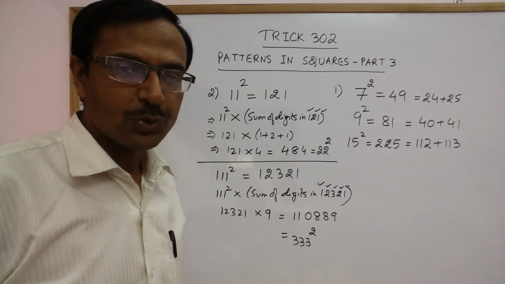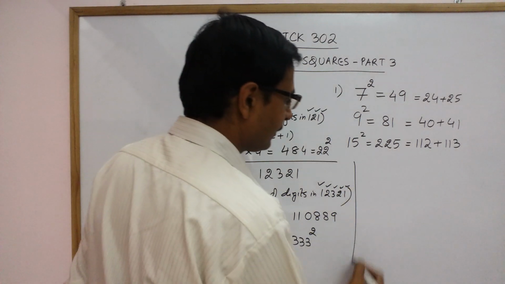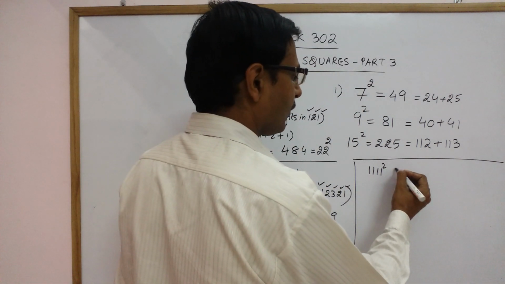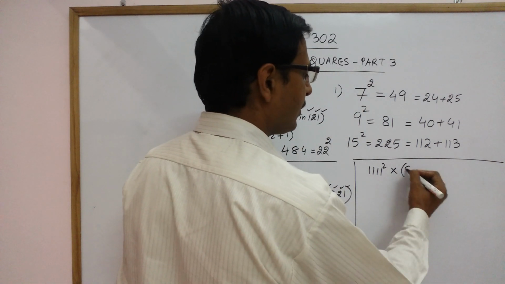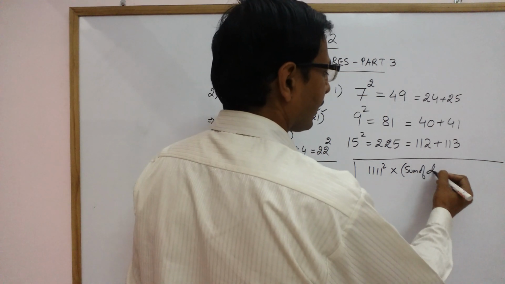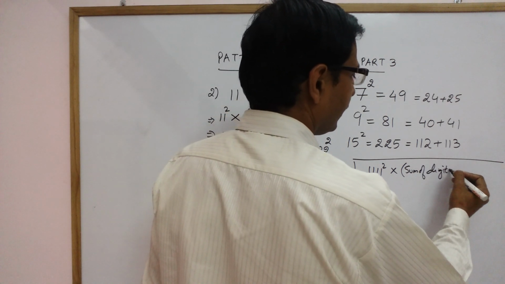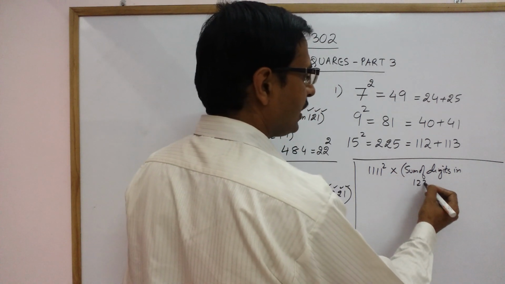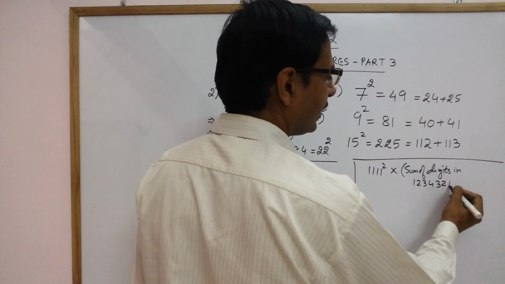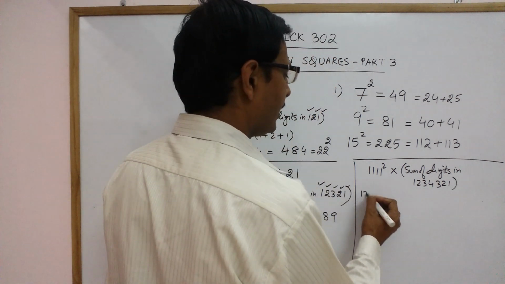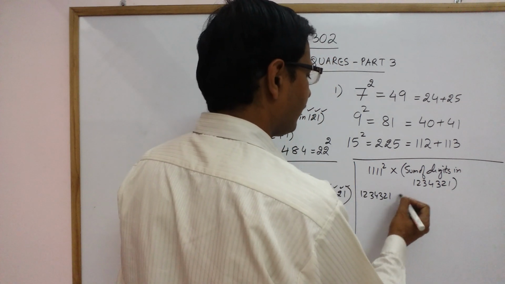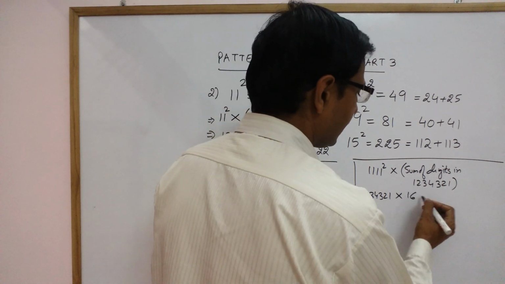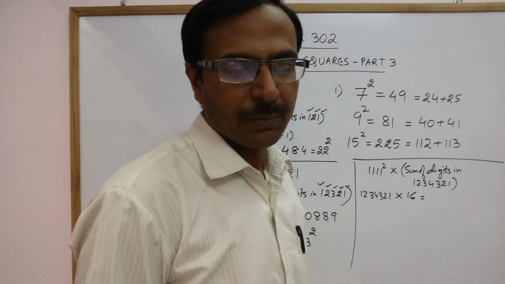And if you want to check one more, we can do that. Take 1111 squared multiplied by the sum of digits in it. Now what is 1111 squared? It is 1234321. So this number, 1234321, when multiplied by 16, gives you another number.